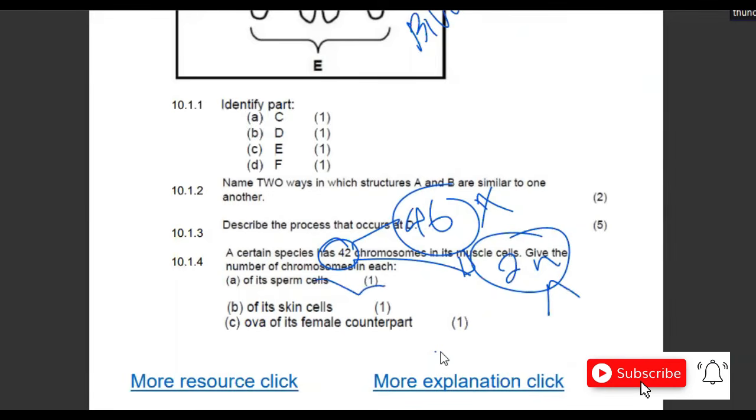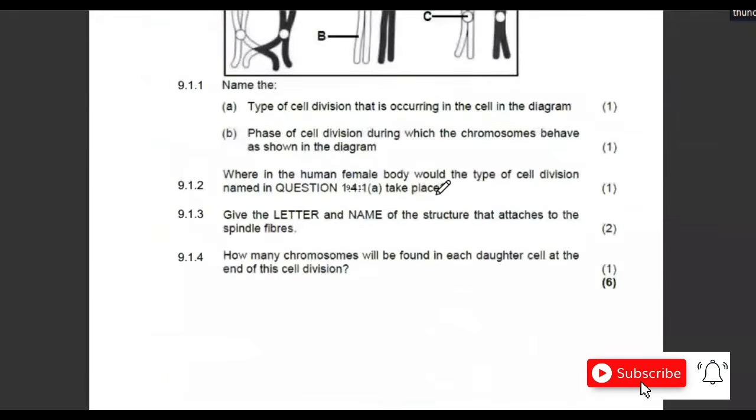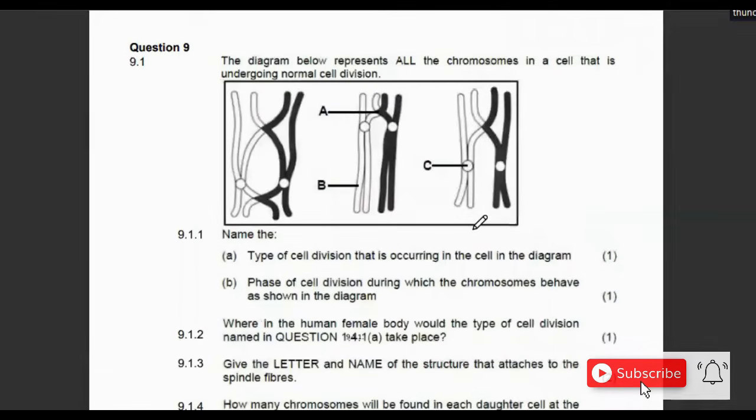It is going to be half, because a sperm cell is 1n, so the answer is 21. The skin cell is 2n, therefore 42. The ovum of the female counterpart is 1n, which is 21. In most cases, the number of chromosomes confuses students, and they end up losing marks.